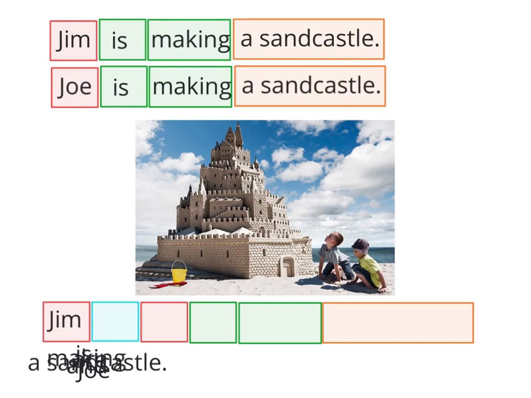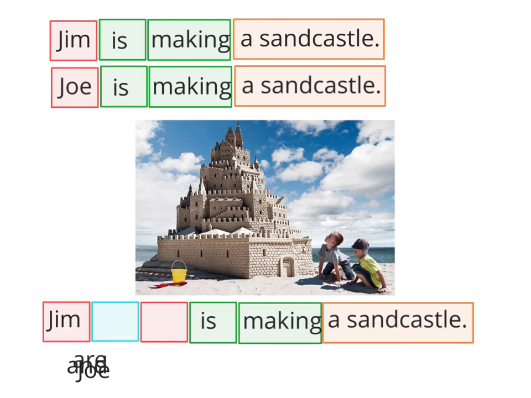We can say that Jim is making a sandcastle, and also Joe is making a sandcastle. And we use this word and, in the blue box, to show that we have two subjects, Jim and Joe.